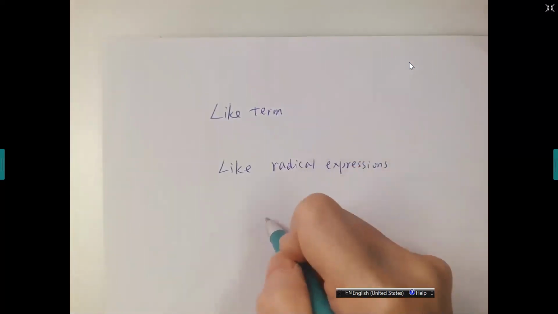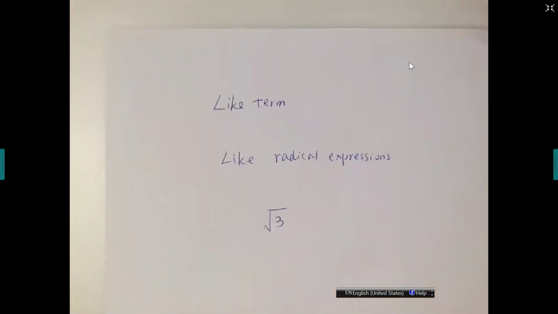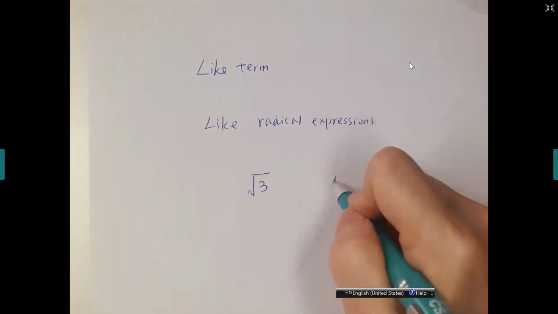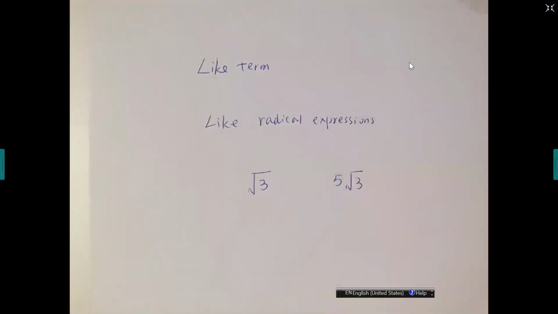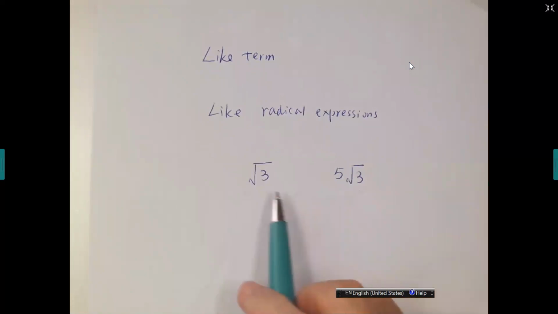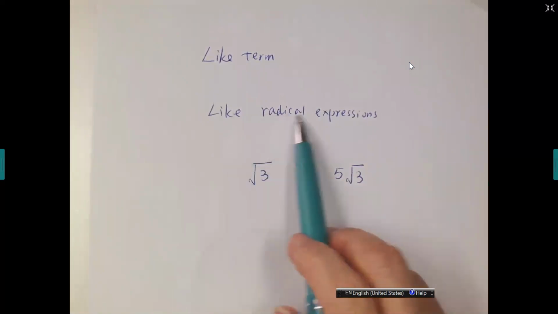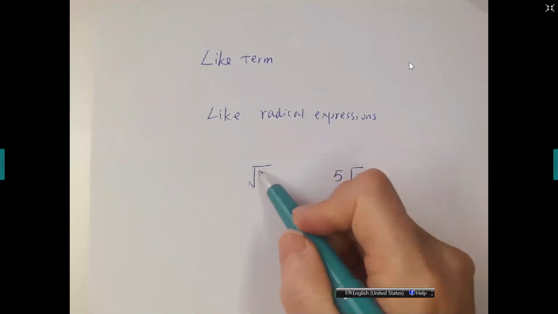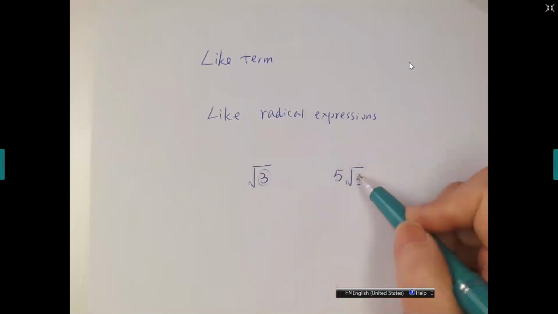For example, radical 3, that is one radical expression. And if I have 5 radical 3, those two are called like radical expressions. Why? Because I only care what is within the symbol. I see 3 here, I see 3 here.